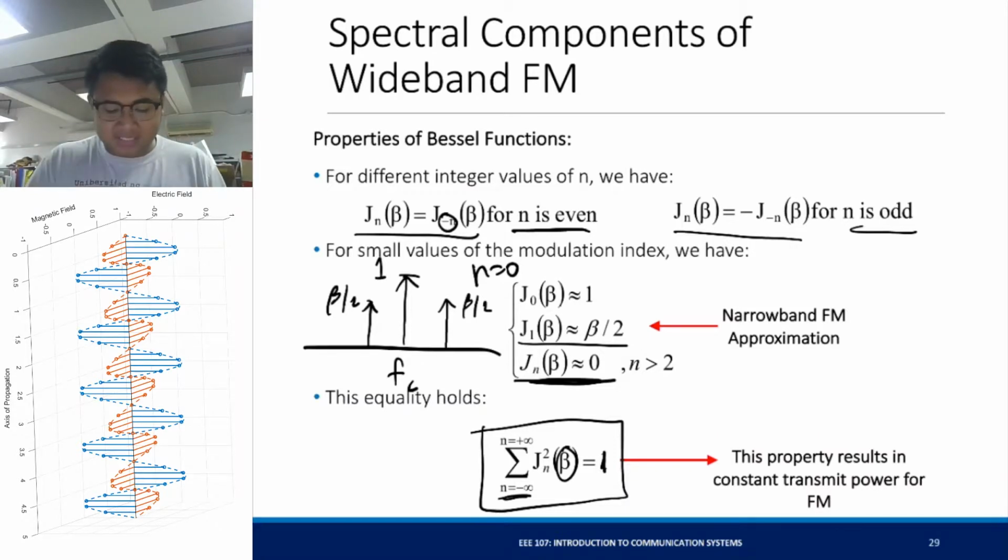And if we do that, since the Bessel function defines the coefficients of each impulse function of the frequency components of your FM signal, you add all that squared, and it will be equal to 1. It proves the property of FM signals that you have a constant transmit power that is defined by the carrier amplitude.